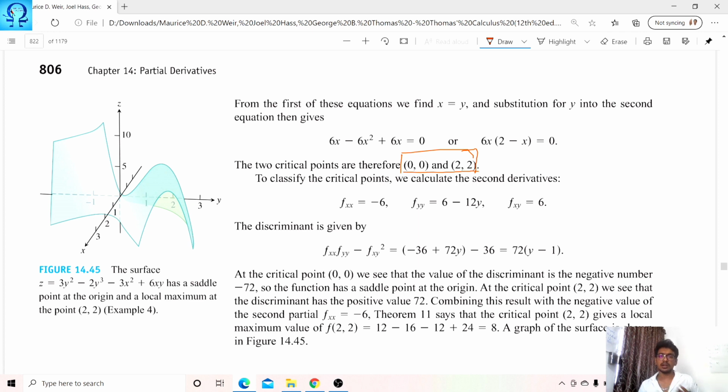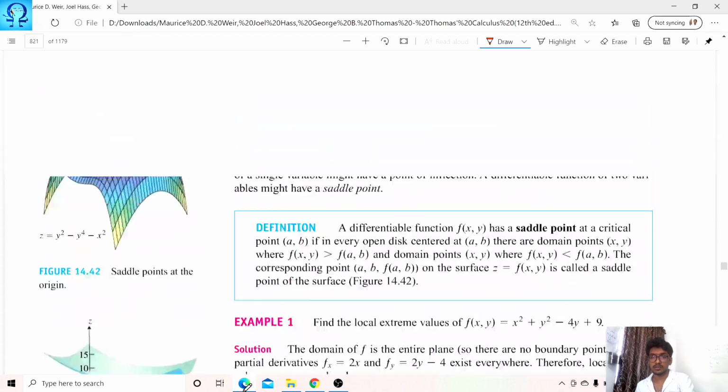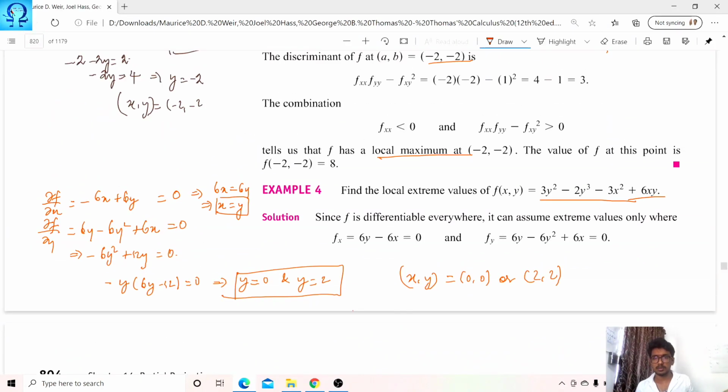Fine. And we'll have to find out the second derivatives. So I think I can complete this problem somewhere here itself. Hope you people can follow.